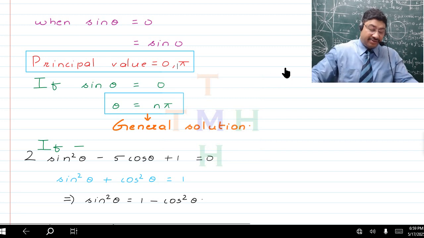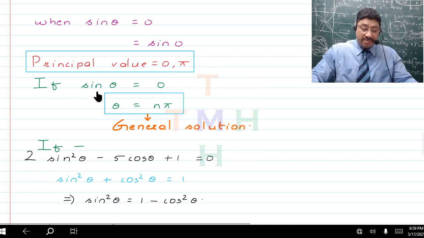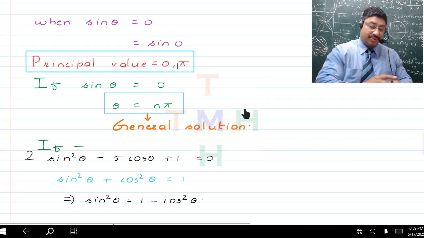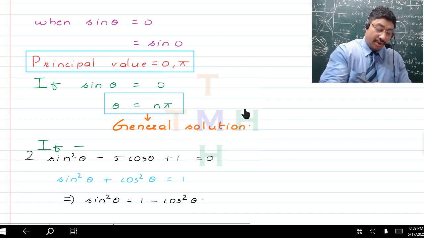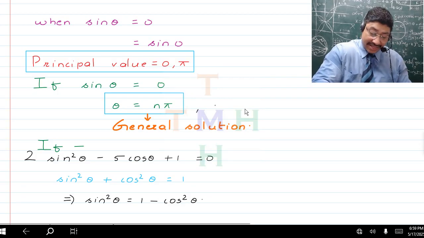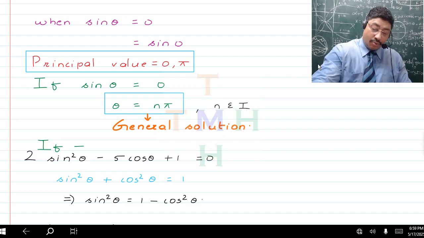Now after this, children, we talk about the general solution. And remember children, when you have sine theta equal to 0, then theta becomes equal to n pi, and this gives you a general solution. And remember, if you want to talk about the values of n, n is an element of integers. Now what is the set of integers?